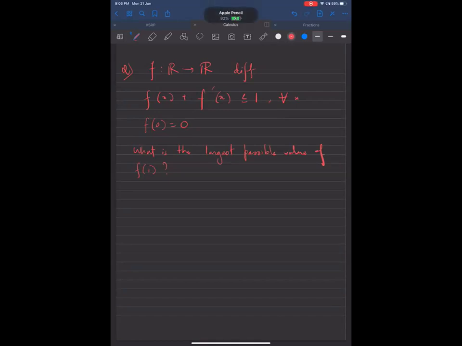We can consider g(x) equal to e to the power x times f(x).